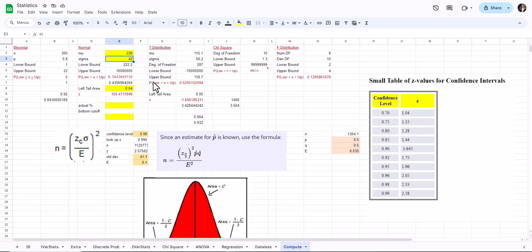So what I'm going to do is have the sheet calculate this for me, which is the standard deviation of 42 divided by the square root, SQRT, in parentheses, of the sample size. And so this will do it for me. And notice now that my probability definitely changed depending on dividing out that sample size.